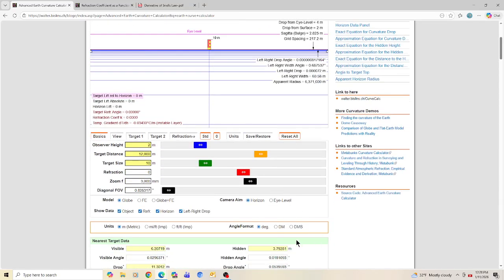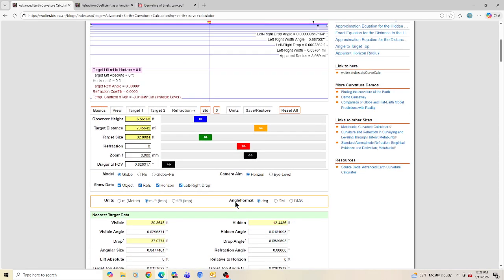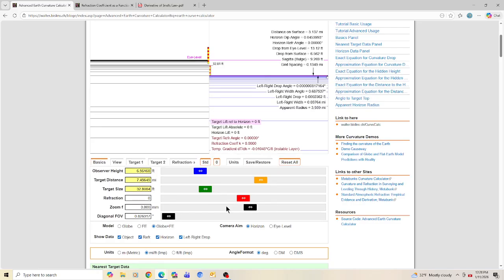Let's select a couple of things here. Feet and inches, of course. Let's do a comparison, globe versus flat Earth. Okay. Refraction is set at 0. 0 would be no refraction. Straight linear approach.